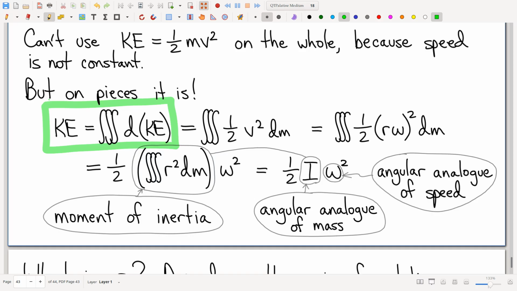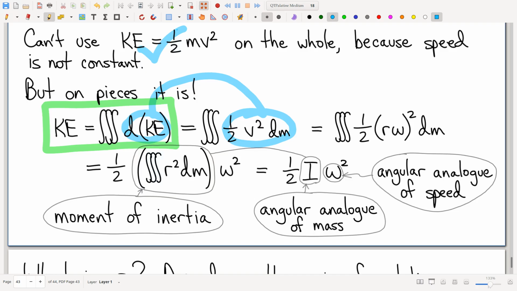If you have a bunch of mass, if you were to chop it up into little pieces, while it's rotating, it's the same total amount of energy. So the whole is the sum of the parts. Pretty believable, I think. And then on each little piece, because it's a little piece, all the mass in each little piece is moving at the same velocity, and then the energy on each little piece is 1/2 mv squared. Sure, no problem.